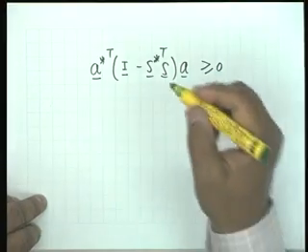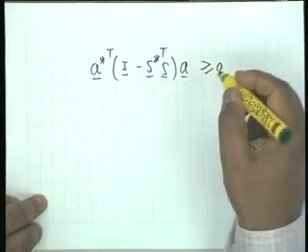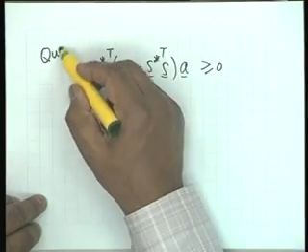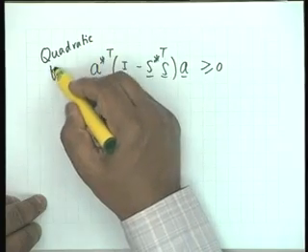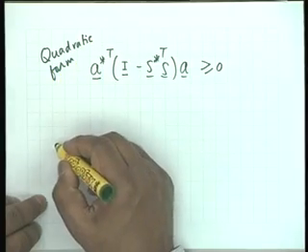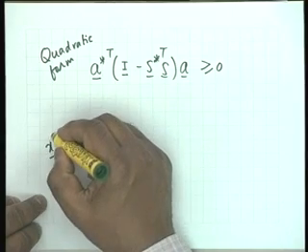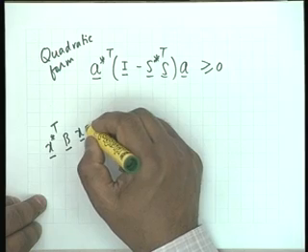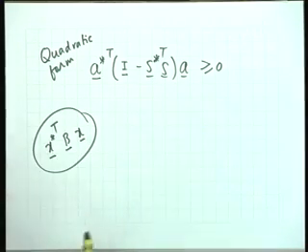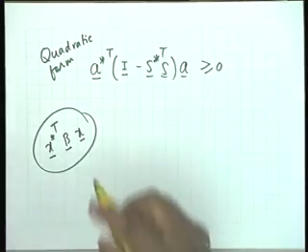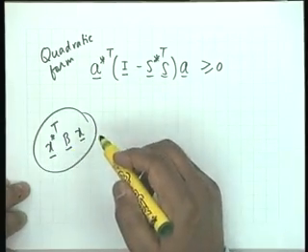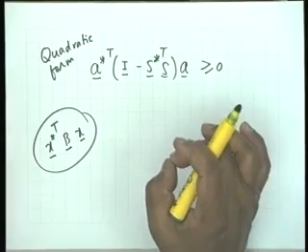And the necessary and sufficient condition for this to be true, or incidentally we also introduced the term quadratic form. Any form like X star transpose B X is called a quadratic form, where X is of course a vector, because all terms shall contain the product of two components of X. These two components may be the same.